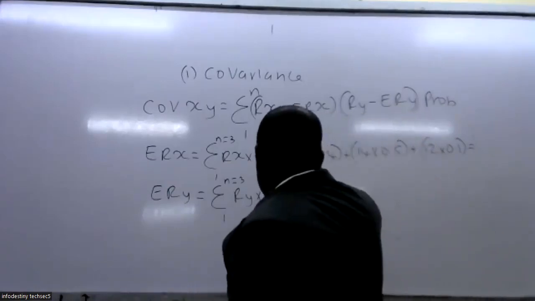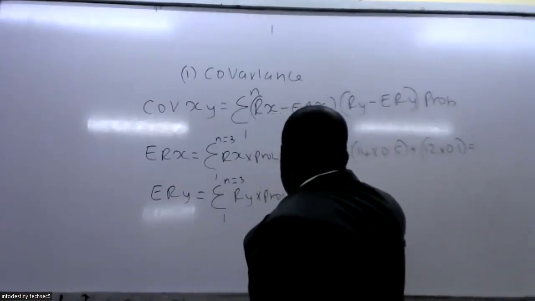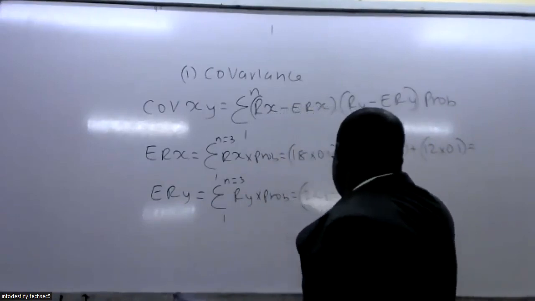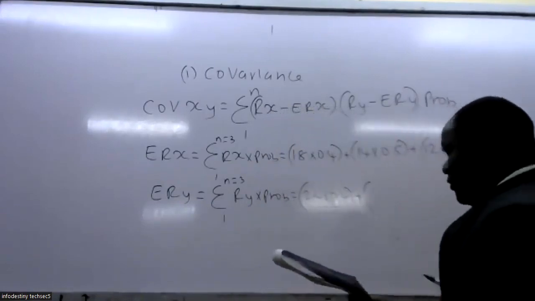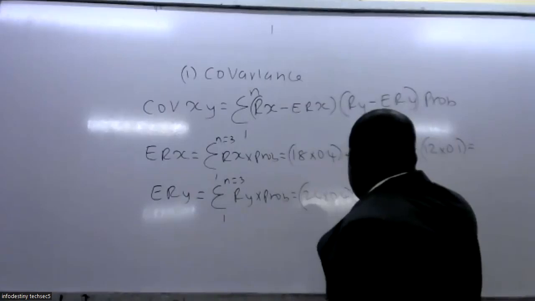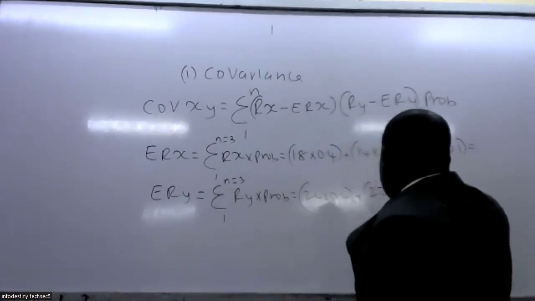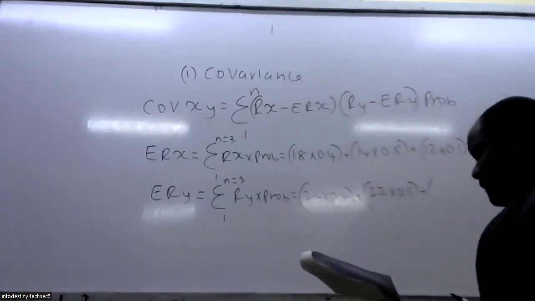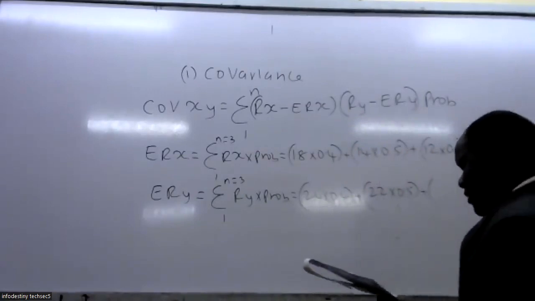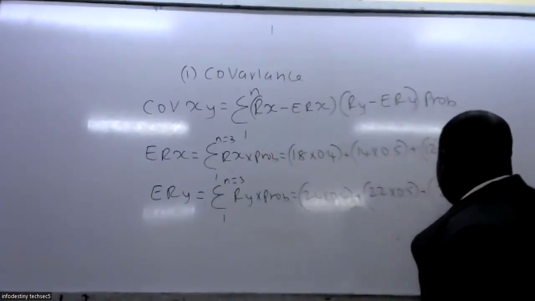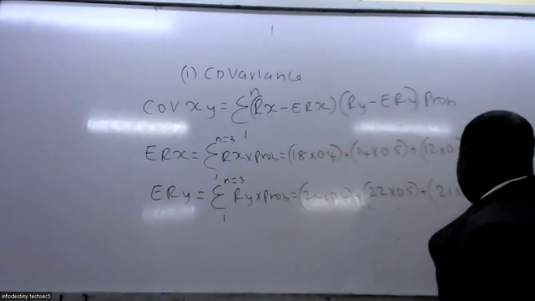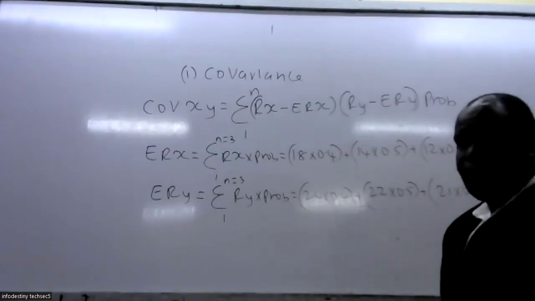So this one you get 24 multiplied by 0.4, also 22 multiplied by 0.5, then 21 also multiplied by 0.1.